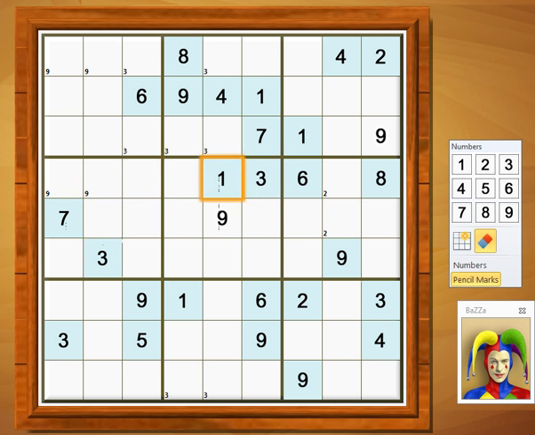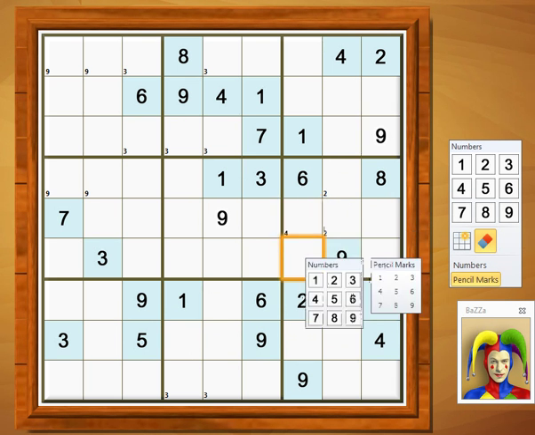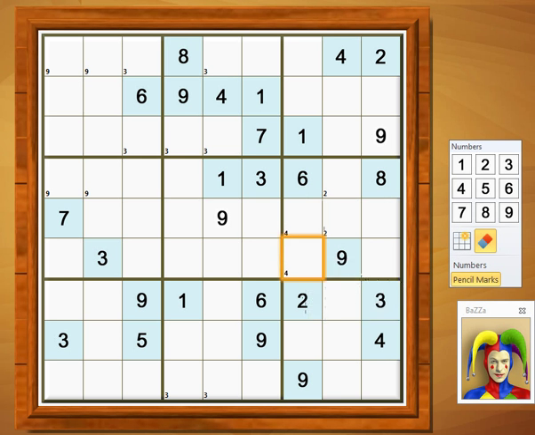So let's have a little look at, say, a 5. No, we've got a 4 and a 4, which leaves these 2 as the 4s. Doesn't help us much.